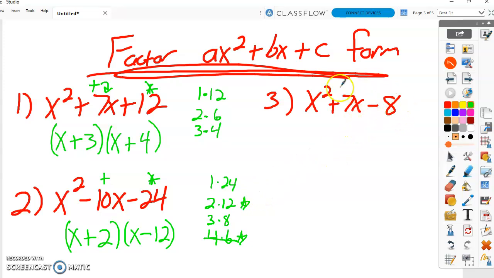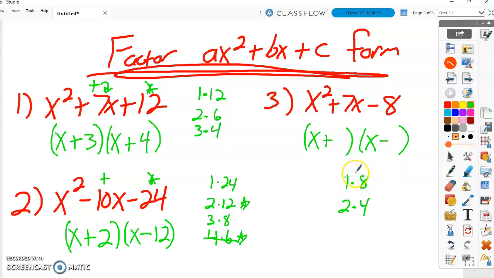All right, last one. Pause the video real quick if you want to try this one on your own. Otherwise, I'm going to run through the solution. We'll always start with x and x. Our back number is 8. What numbers multiply to 8? 1 and 8, 2 and 4. Our back number is negative, meaning one needs to be positive and one needs to be negative.